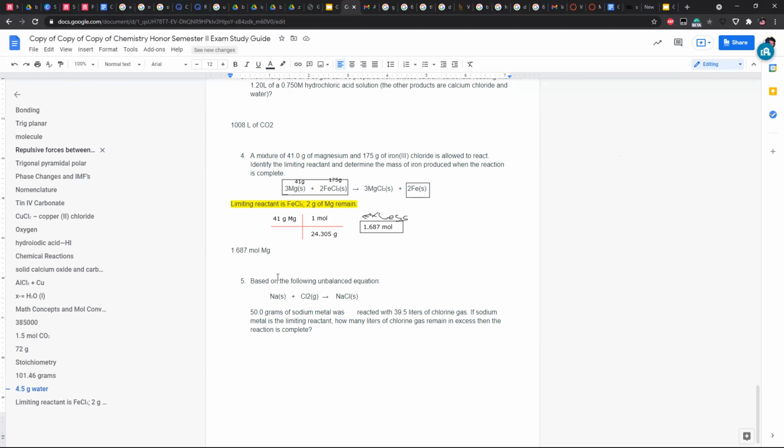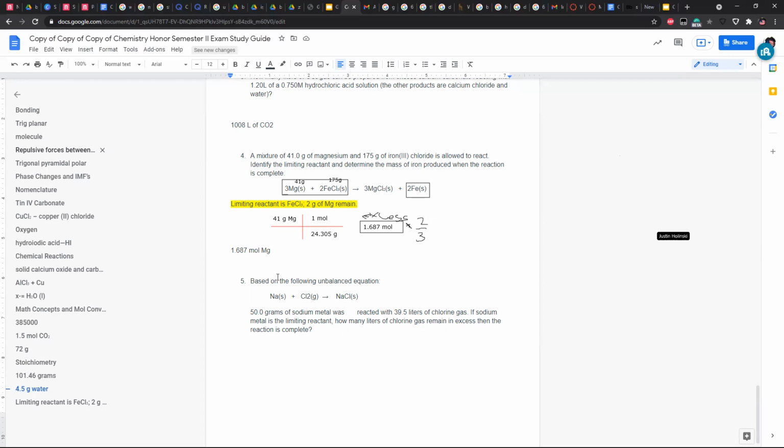So then we want to compare magnesium with iron this time. Magnesium has a coefficient of 3, iron has a coefficient of 2. So we want to take this number of moles, divide by the coefficient we have, which is 3, and multiply by the coefficient we want, which is 2.